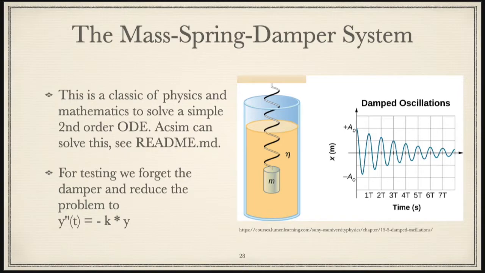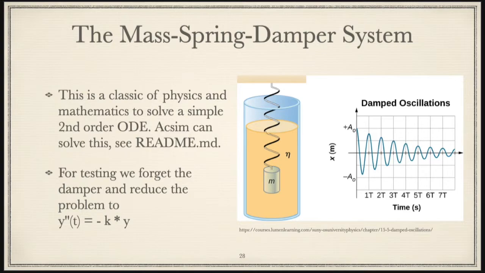AC can simulate this. See the README for more. For testing here, we forget the damper and reduce the problem to this one here: y double-prime is equal to minus k, a constant, multiplied with y.